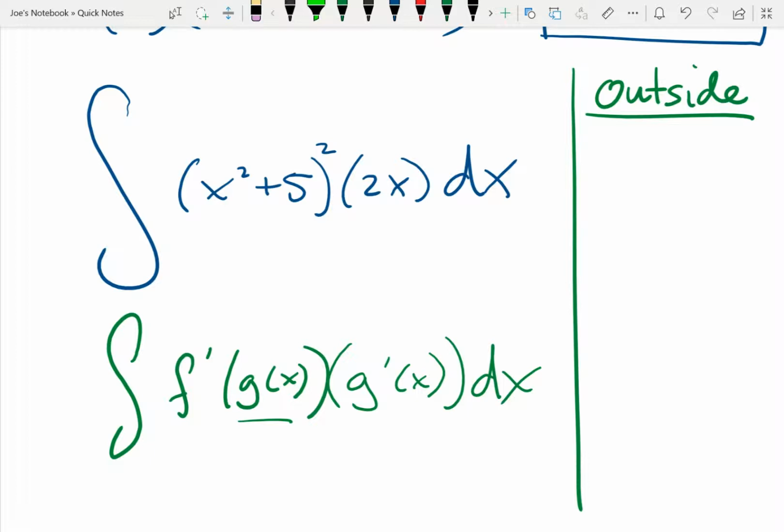So can you find some kind of shell function that's got something inside it? Can you see it? It doesn't really matter what it is. Can you see an outside, a shell function? That's what you have to ask yourself when you're doing these problems: go in and find a shell.